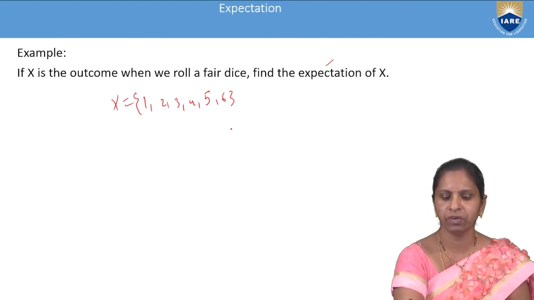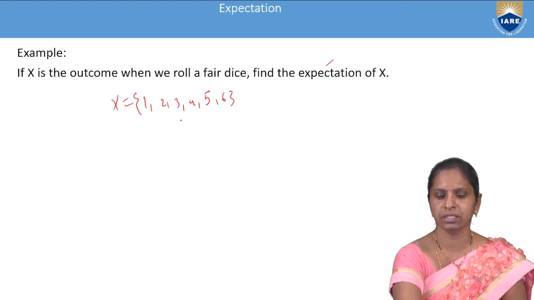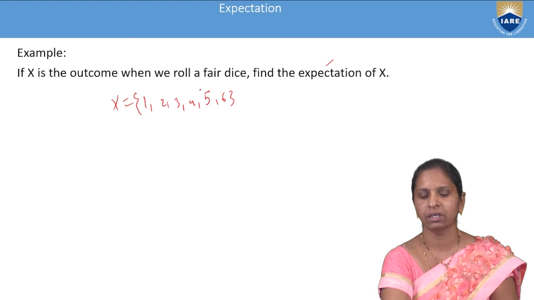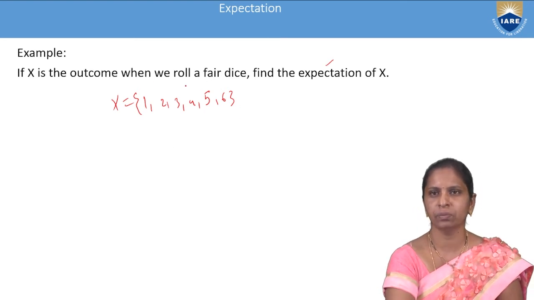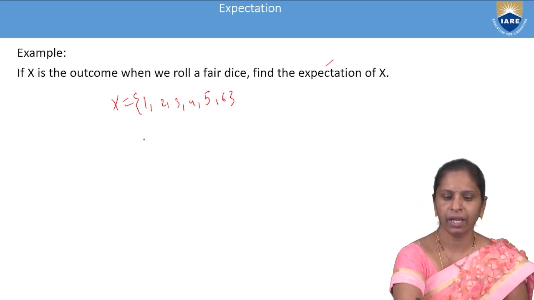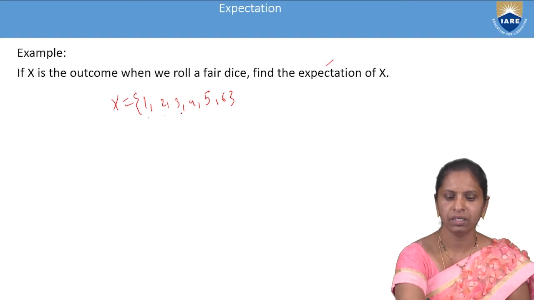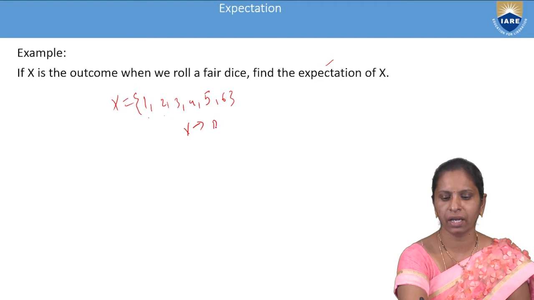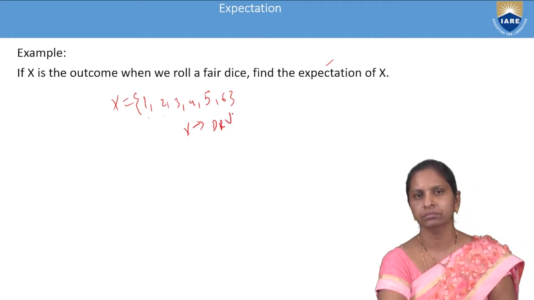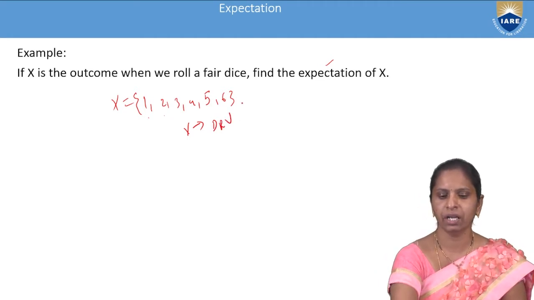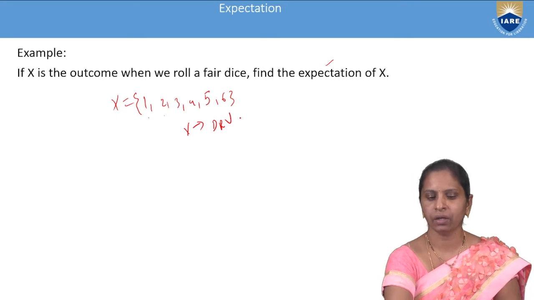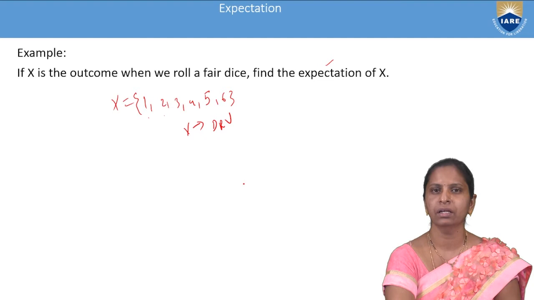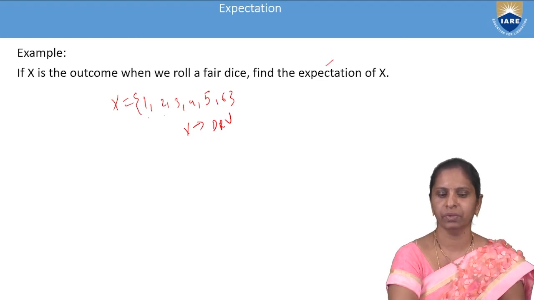And what type of random variable is x here? These elements are countable, six in number, and finite, and these values are discrete in nature. Therefore, this is called a discrete random variable. If the elements in the random variable are finite and countable, it is called a discrete random variable. We have already seen this in the classification of random variables.